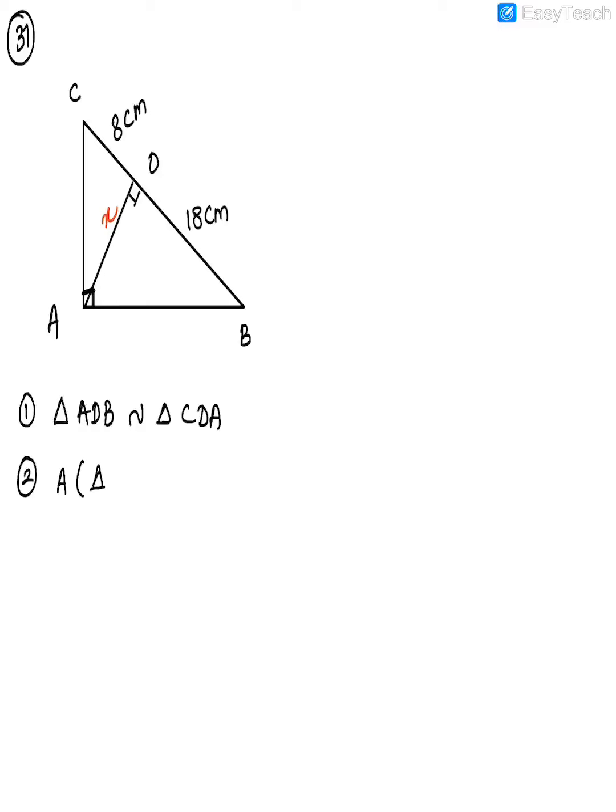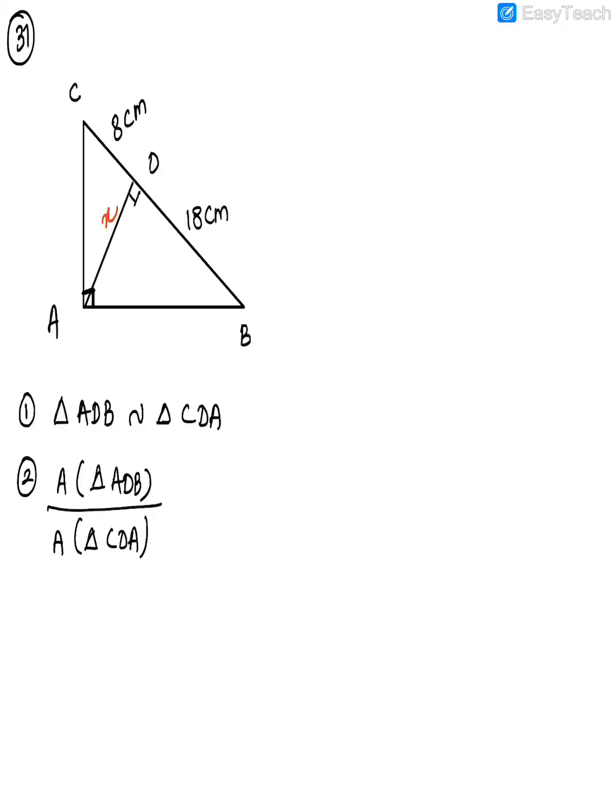Let's assume that, here we have to find AD. Now let's assume that angle B is equal to X. Now if angle B is X, how much would be angle BAD, this angle? Use the angle sum property and find out. How much will you get?